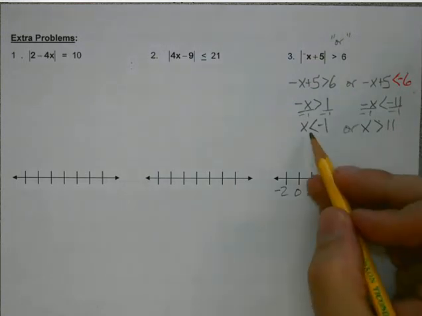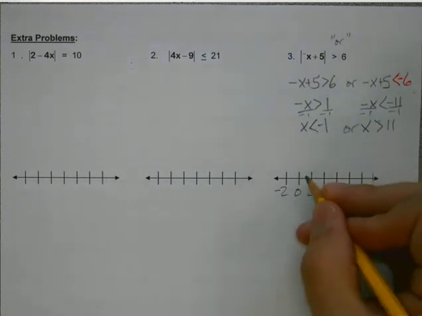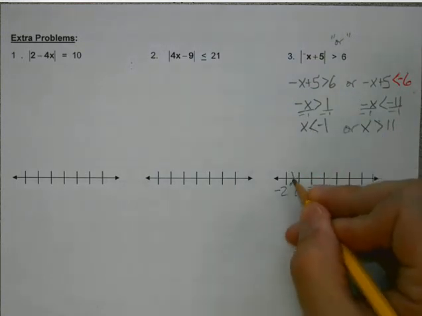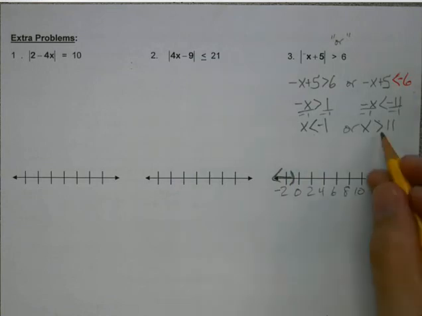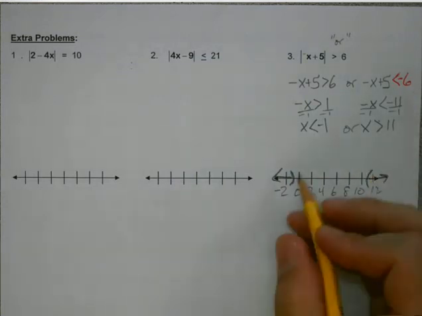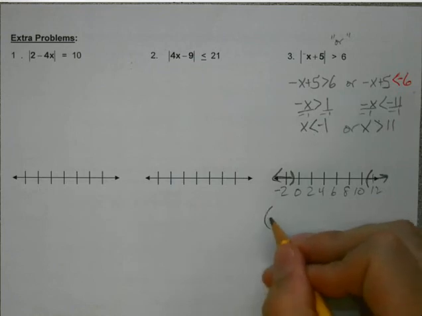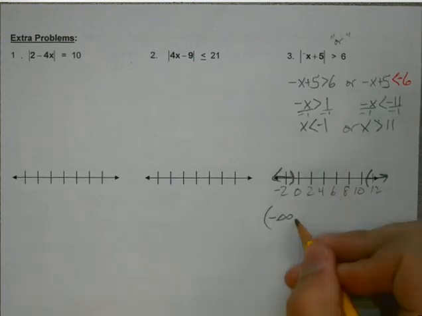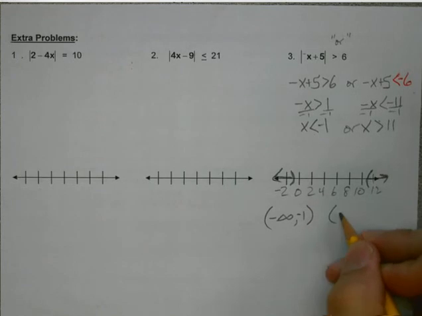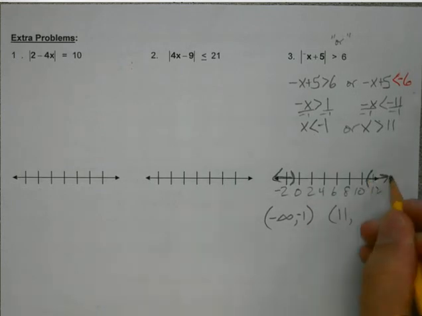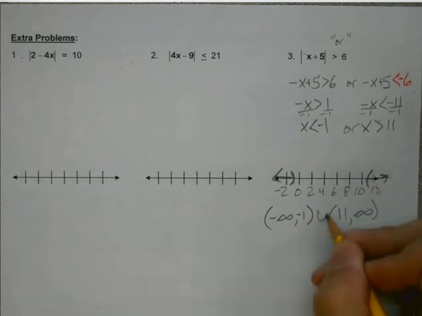So just like we did before, x is less than -1. X is greater than 11. And again, interval notation. Left to right for this one. Left to right for my second one with a union in the middle.